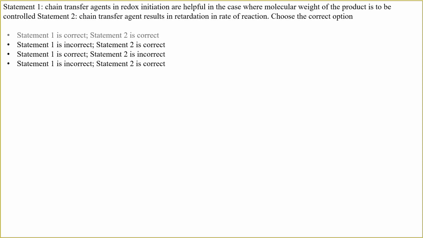This is also true because chain transfer agents are continuously transferring the activity of a single chain to other chains, so the rate of the reaction is quite slow, as the activity is being transferred and a single chain is not able to grow to its maximum potential. That's why statement one and statement two are correct. The correct option for this question is the first one.